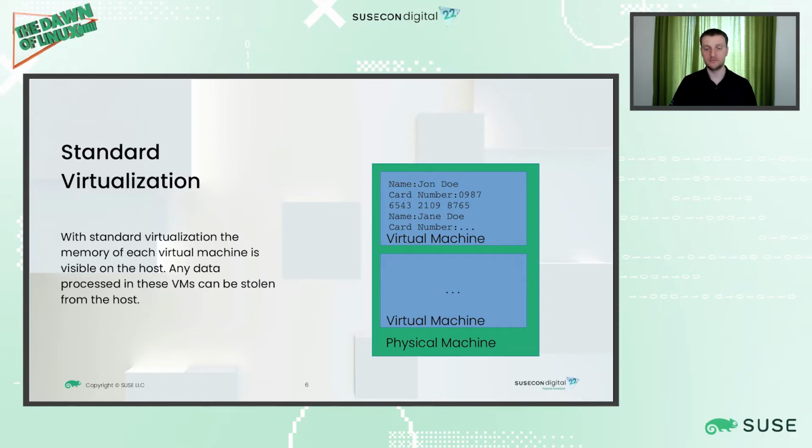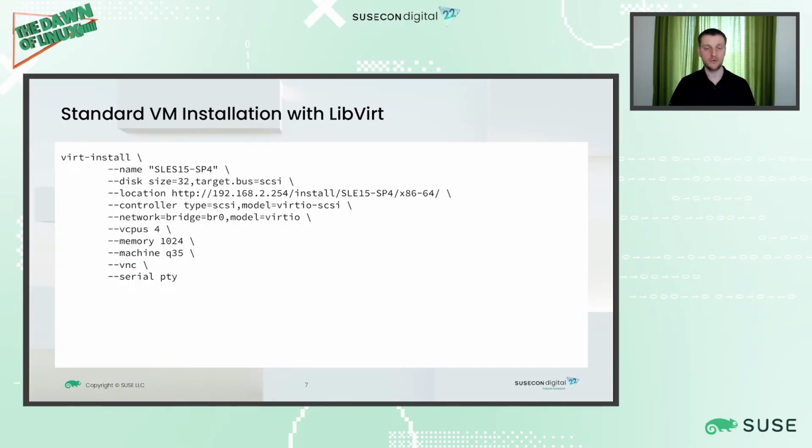This is usually not a problem when you trust your physical machine and the operators, but if not, then your data is not secure. So let's see what a virtual machine looks like.